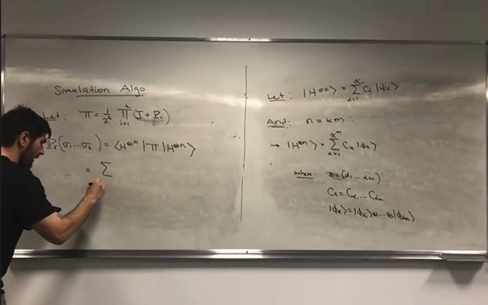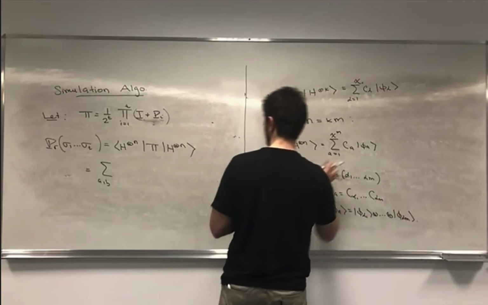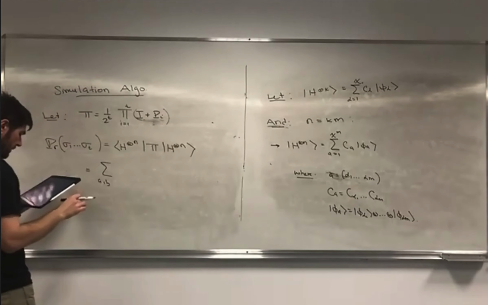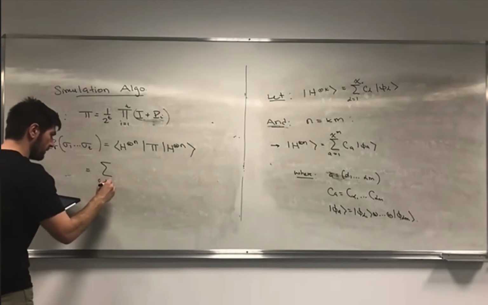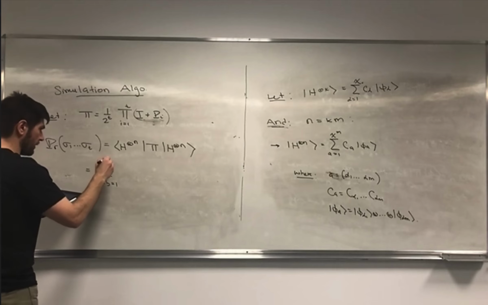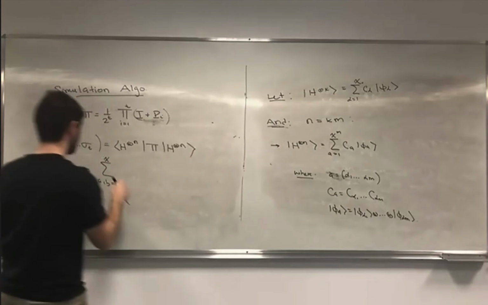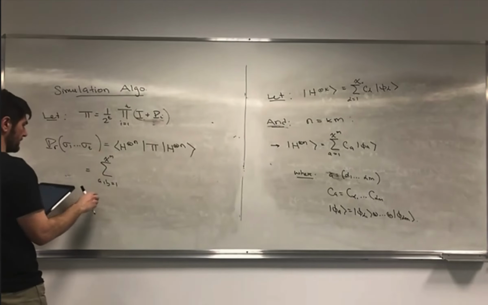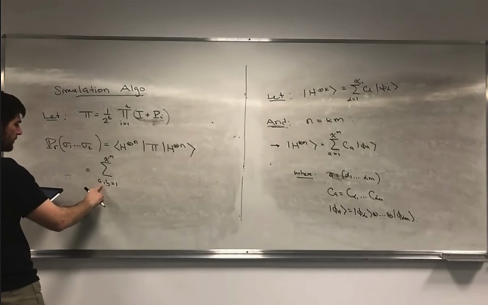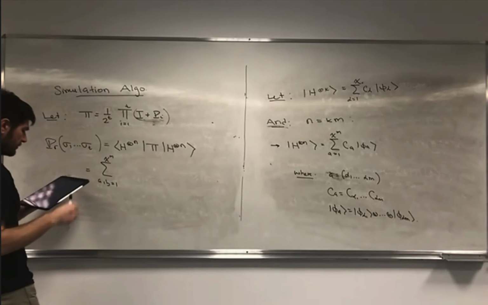You have A, B. So the same terms that we have here, but now you have to square them, the number of them. So this is going to be from 1 to chi to the m, so each of these is chi to the m. But this is a sum over A and B, so there will be chi to the 2m terms altogether.